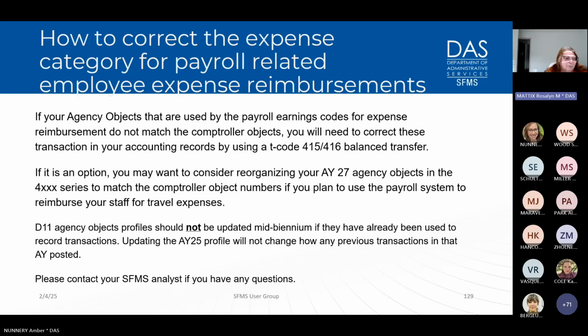The D11 agency object profiles should not be updated mid-biennium if they have already been used to record transactions. Updating the AY25 profile will not change any previous transactions that were posted in that AY. If you have any questions related to setting up these agency objects correctly, please contact your SFMS analyst.